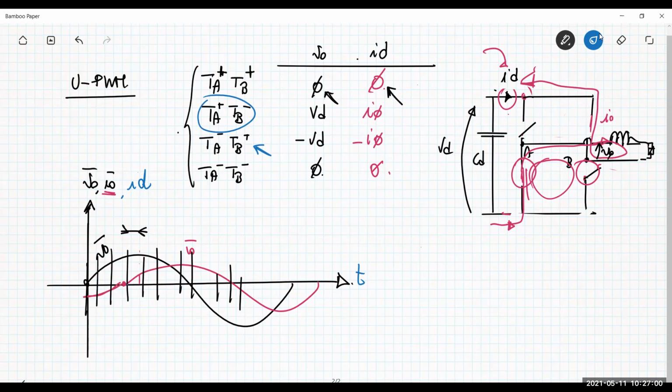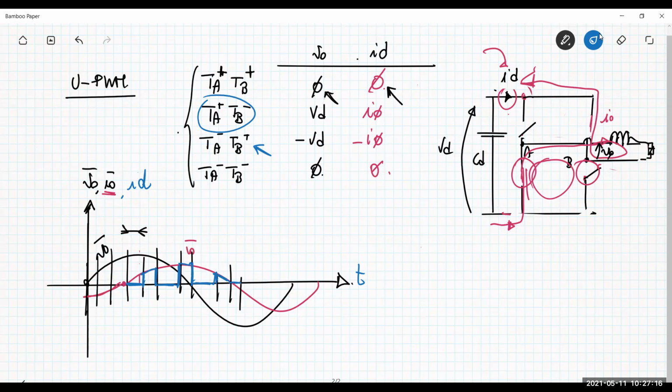So you can have something like this. For example, it can be zero here, or equal to I naught here: zero, I naught, zero, I naught, zero.